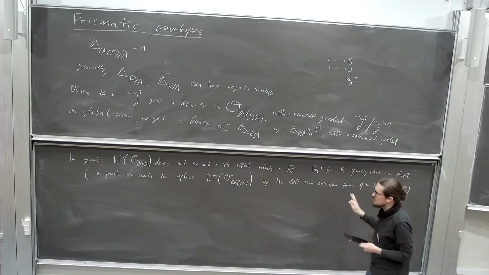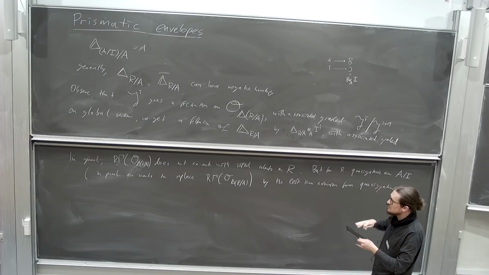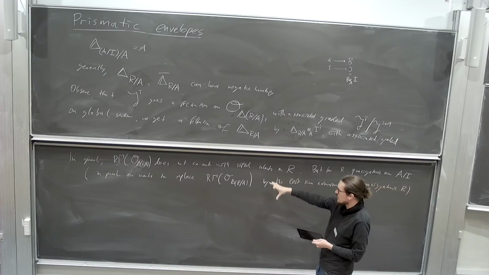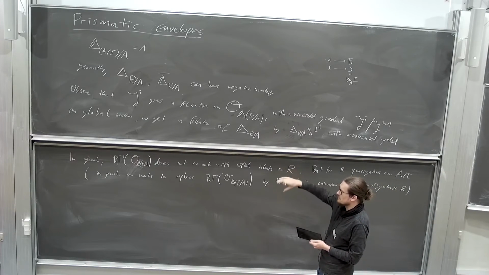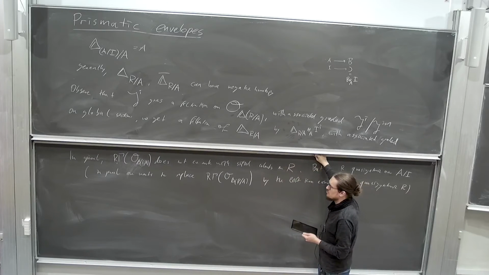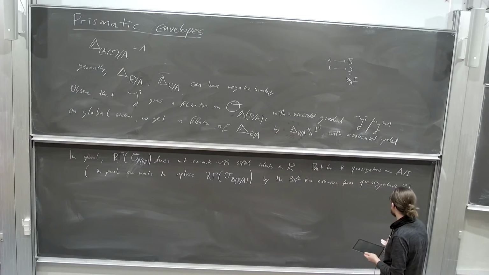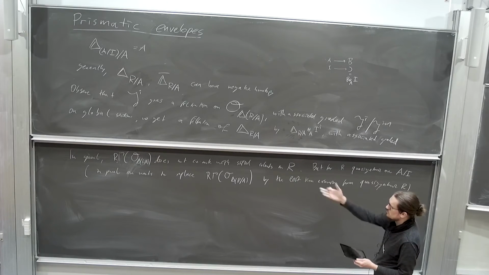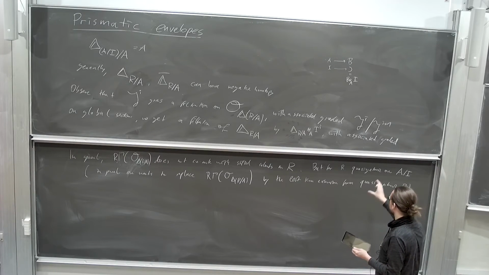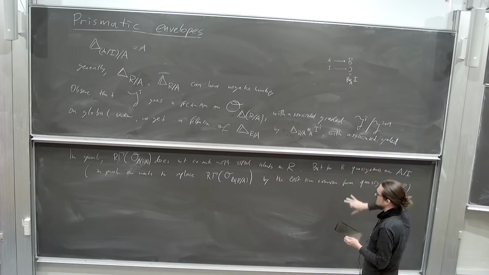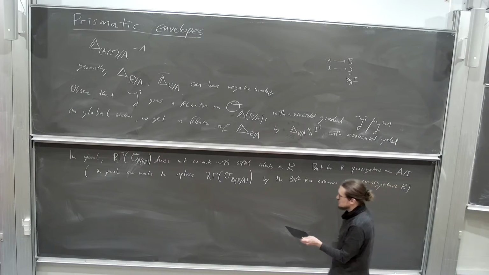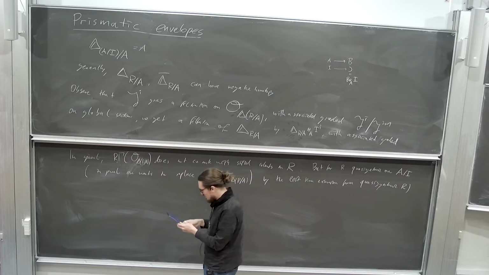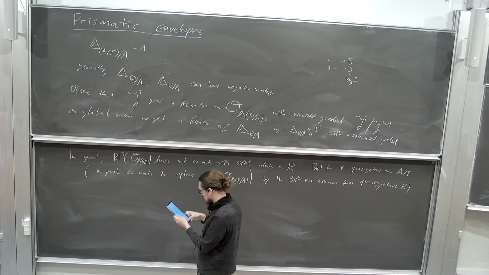So this is like a minor technical point. I'm just saying in general, if you want this to behave well in full generality, you need to kind of derive prismatic cohomology as we've defined it so far. That breaks some things, namely it breaks some versions of descent that you in principle had before, but it doesn't break whenever things are quasi-syntomic, everything agrees and everything works. So I don't want to go into detail about this technical point.